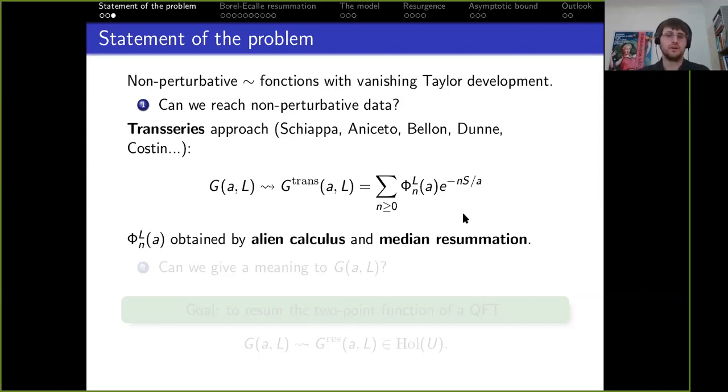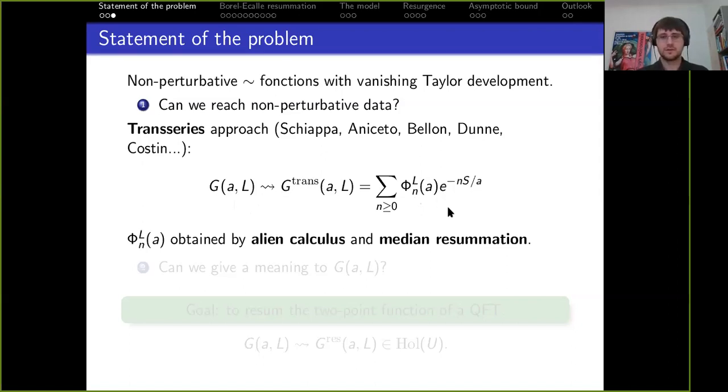And a truly marvelous fact, in my opinion, is that the perturbative series actually knows about non-perturbative information of your theories. And this can be reached in many ways, I'm sure, but one possible way is through resurgence, the so-called transseries approach. The idea being to say that your perturbative series G is actually only a part of a bigger object, a transseries, which has this form.